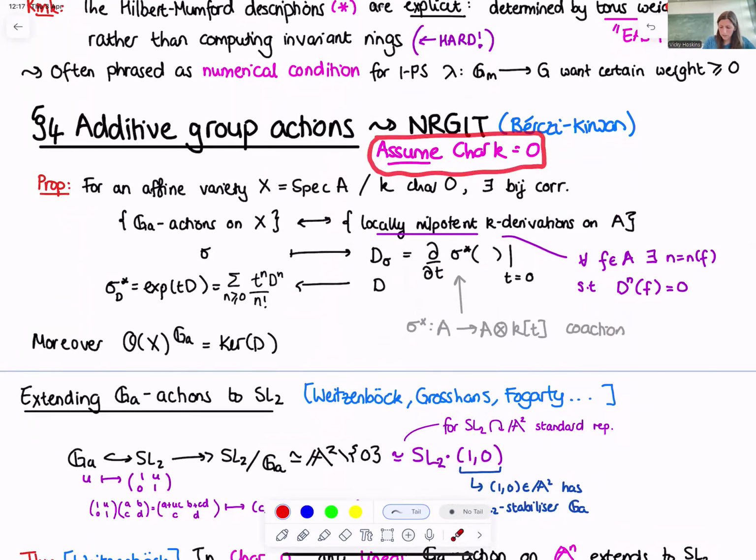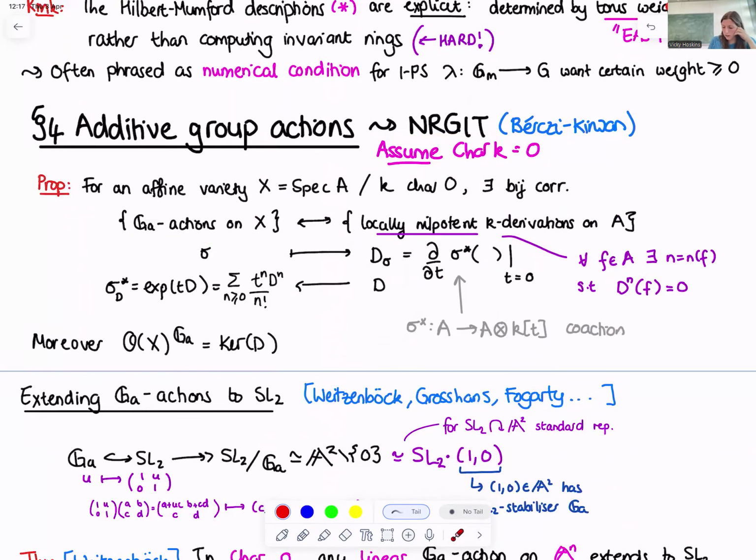It's this proposition. For an affine variety, there's a bijective correspondence between actions of the additive group GA on X and K-derivations on A, which are locally nilpotent. And how does this go?